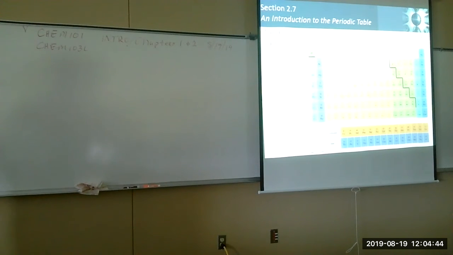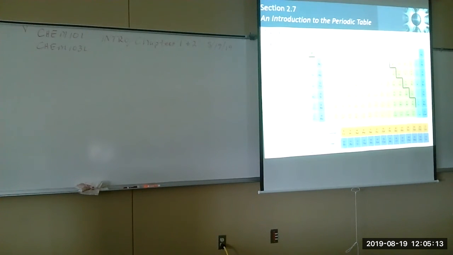Now, other general divisions. These are the transition metals from here to here. They transition from this side to that side, for lack of a better way of describing them. These are the lanthanides, and everything on this row should go right in here.